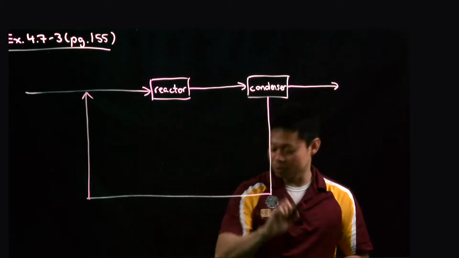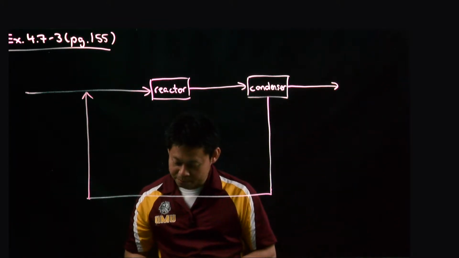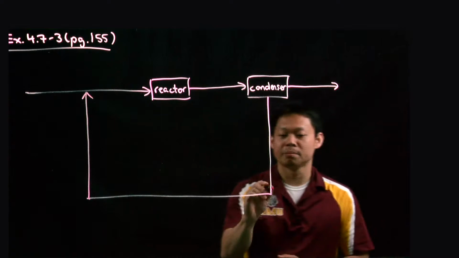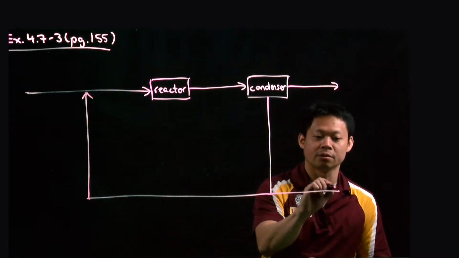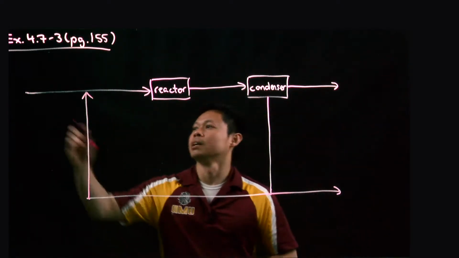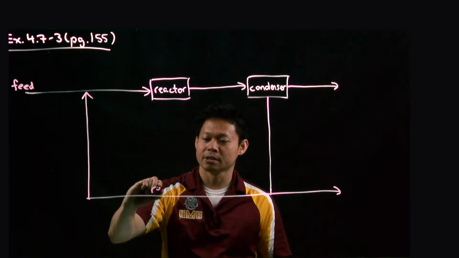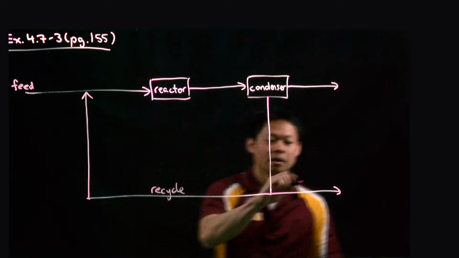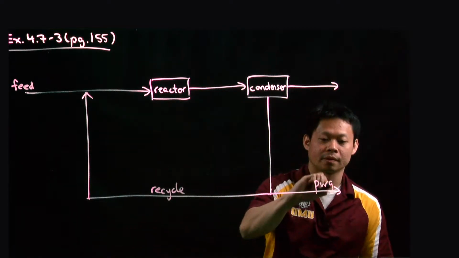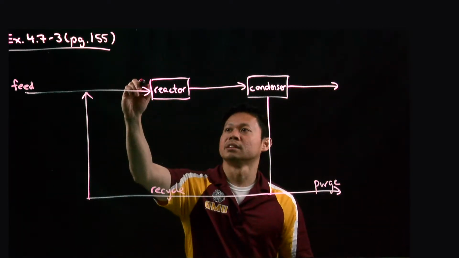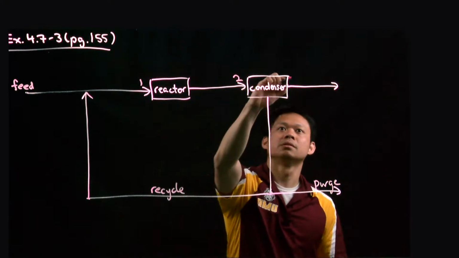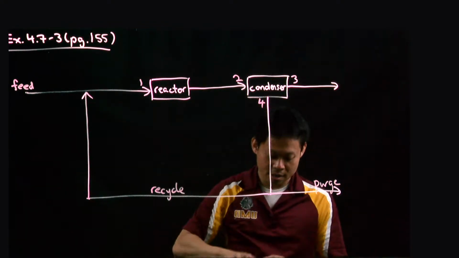Okay, and then to prevent inerts from building up within the system, a purge stream is withdrawn from the recycle. So we have a purge stream right here. So we have a feed stream. I'm going to start to label all of these. We have a recycle stream. We have a purge stream. And I'm just going to label this as 1, 2, 3, and 4.